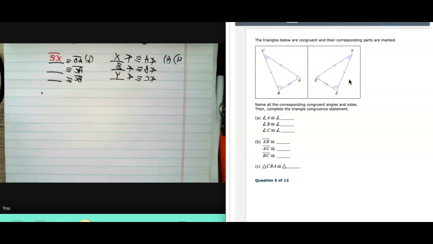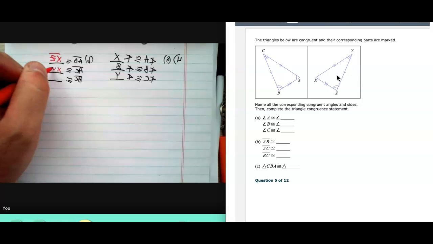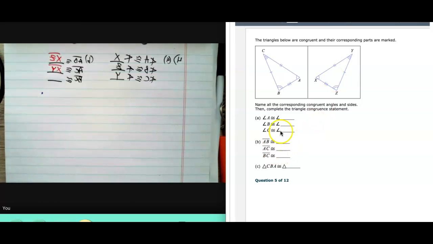And then AC has 2 tick marks, so that's going to match up with XY, because XY also has 2 tick marks. And then BC has 1 tick mark, and then that will line up with, or match up with ZY. It also has 1 tick mark.